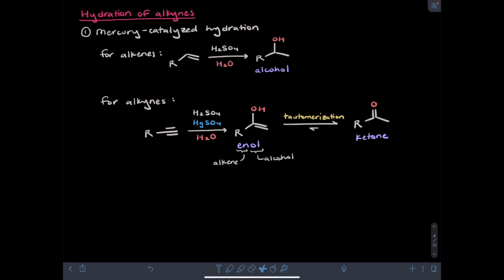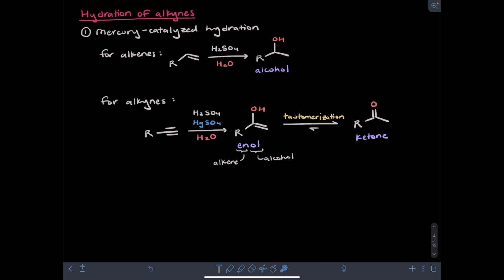It turns out that these enols are short-lived, and they can undergo a reaction known as tautomerization to form a ketone instead. I'll talk more about this transformation a bit later in the video. So these three reagents, H2SO4, mercury sulfate, and water, cause both the formation of the enol and the subsequent formation of the ketone.